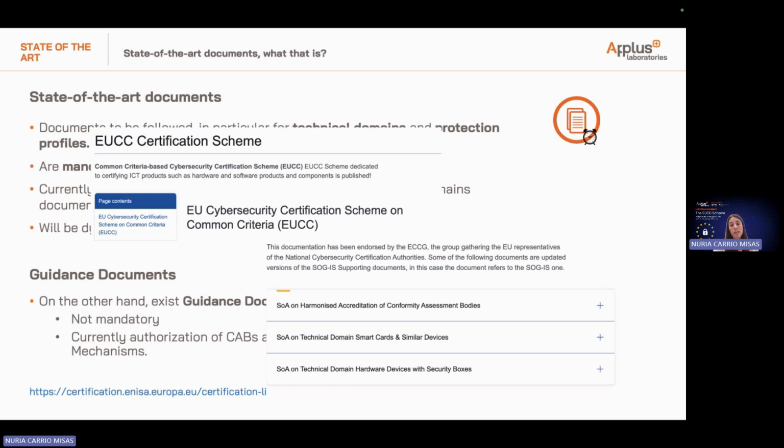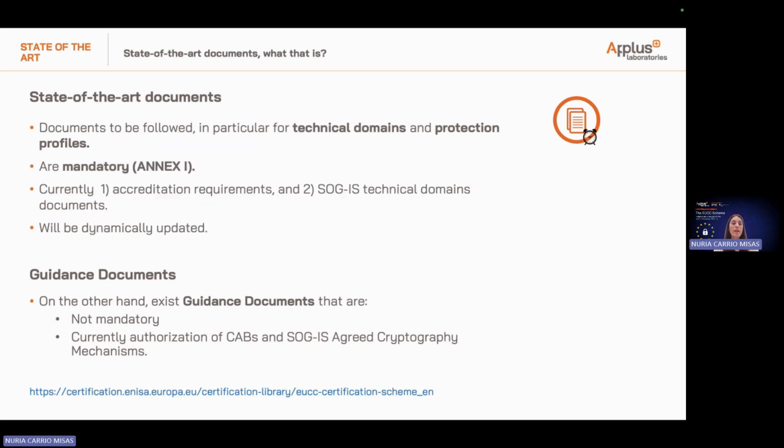These last two, the state-of-the-art of the technical domains, reuse all the work already performed in the SOG-IS. On the other hand, there are guidance documents that are non-mandatory, and currently you can find on the web page the authorization of CABs, so the process to authorize the CABs, and the SOG-IS agreed cryptographic mechanisms.